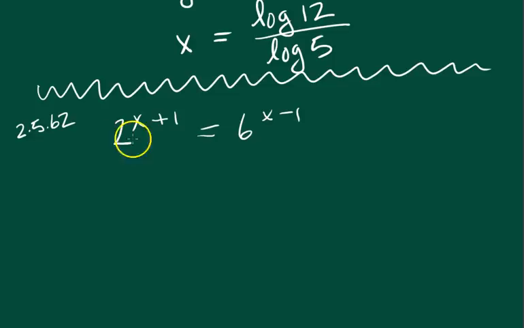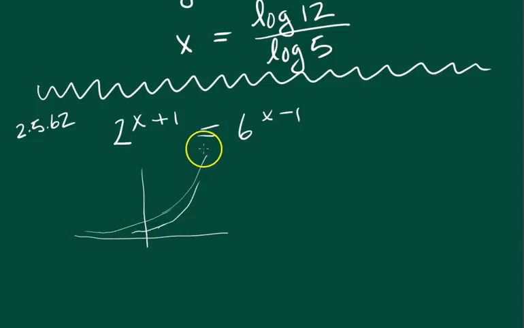So, presumably there is some magical x out there such that if we put it in the exponent of an exponential base 2, we're going to get the same value as we would get if we put it this way into an exponential with the base 6. Another way of looking at this is we have the graph of base 2 to the x plus 1, base 6 to the x minus 1. These two graphs cross somewhere.